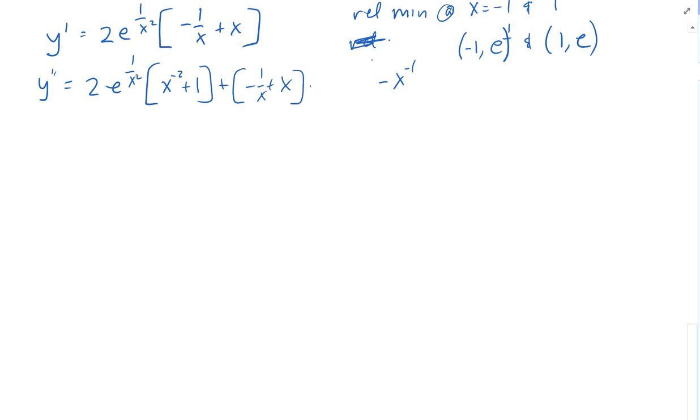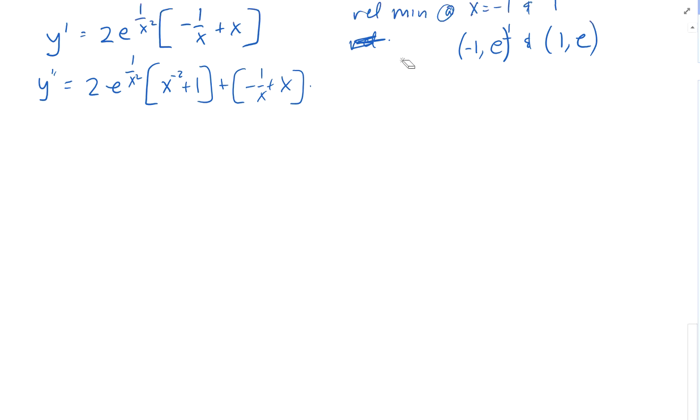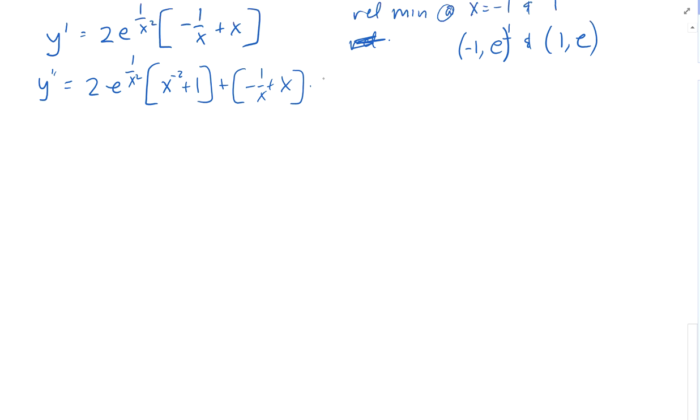And the derivative of the first is e to the 1 over x squared times the derivative of the exponent, which we said was x to the negative second, so it'd be negative 2x to the negative third. Okay, yuck, but you can do this.